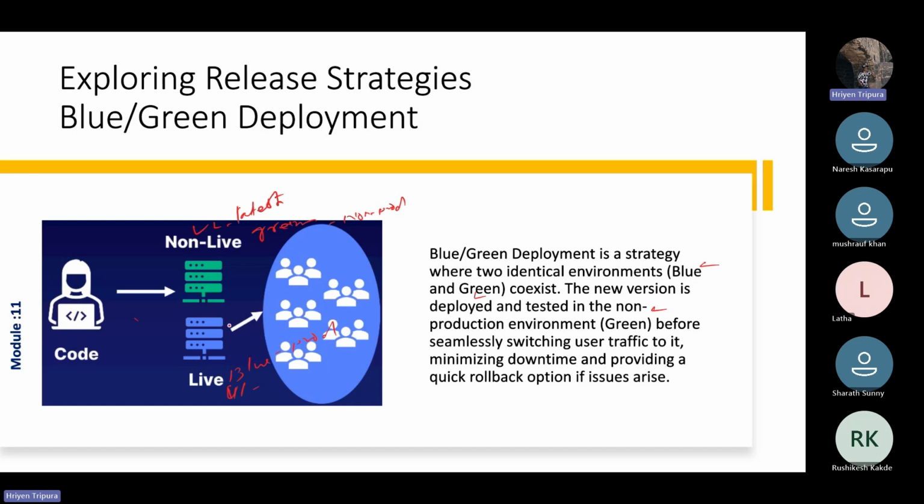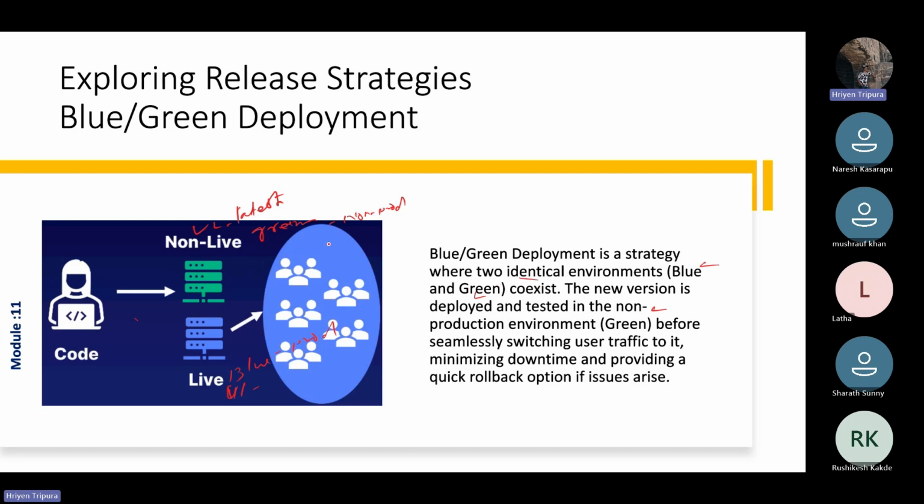Now in the green environment, as I told you, the non-production one, if you see the definition, they deploy and test it in the non-production, they will do all the testing, everything. Once it is tested properly, only then they will switch. That means they have two identical environments.